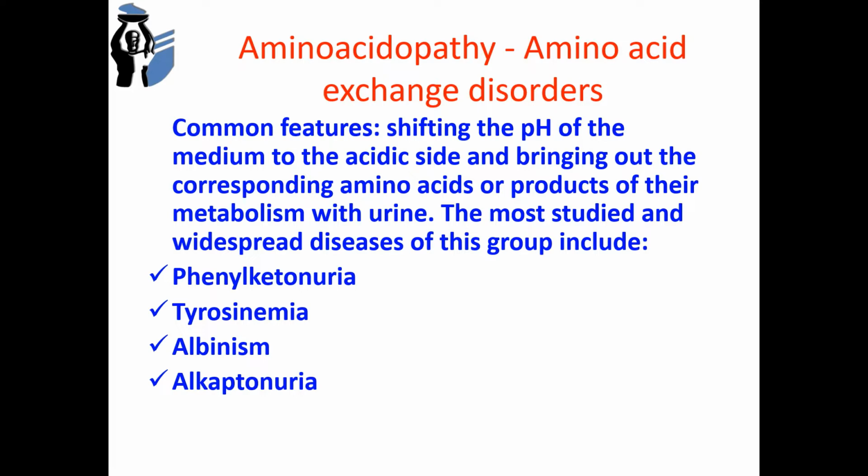The most studied and widespread diseases of this group include phenylketonuria, tyrosinemia, albinism, and alkaptonuria. All these diseases are related to each other by shared metabolic paths of amino acids. We will speak about phenylketonuria now.